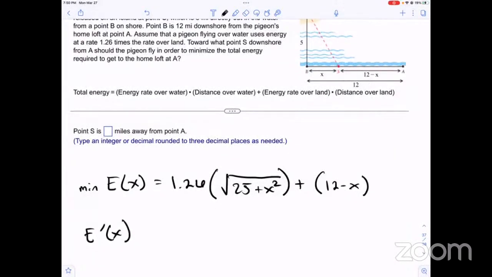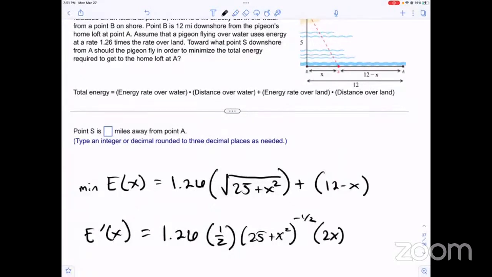For the square root, that 1/2 comes down. You still have this 25 plus x squared, now to the power of negative 1/2, but then we need to say times 2x. And then that second part is just minus 1, because the derivative of 12 goes to 0 and the derivative of negative x is negative 1.